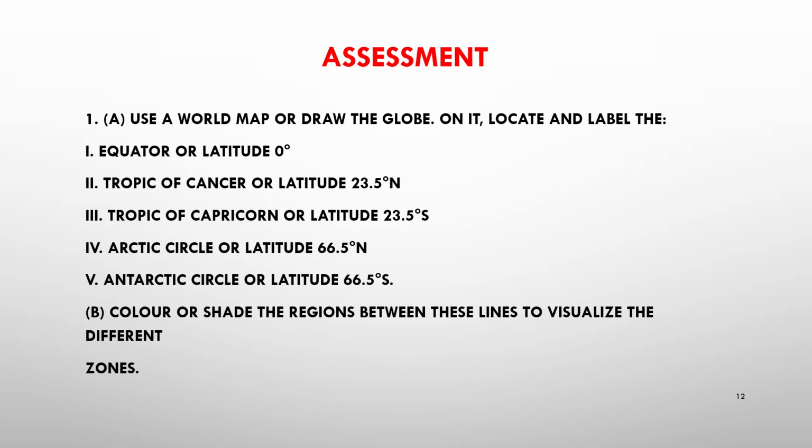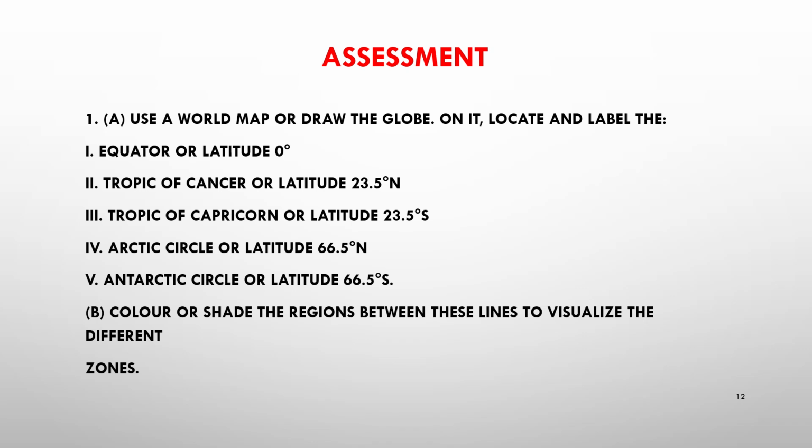Then the Tropic of Cancer, which is 23.5 degrees north. So you draw a horizontal line approximately 1/4 of the way from the equator to the North Pole. Then number 3, Tropic of Capricorn, 23.5 degrees south.